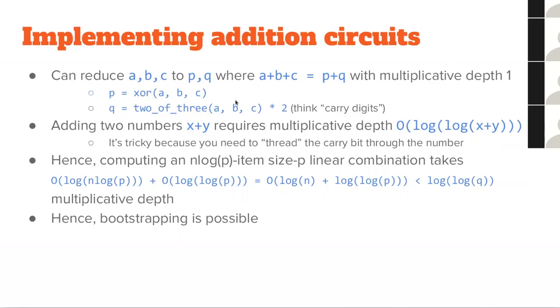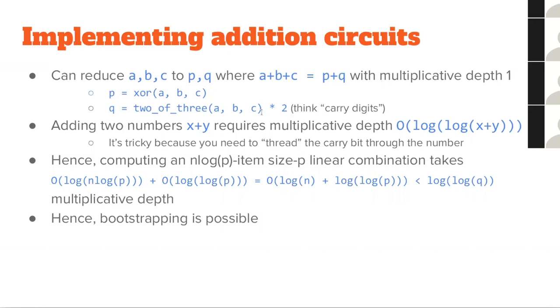The way this works is that every bit of p is just the XOR of the corresponding bits of A, B, and C. And every bit of q is the 2-of-3 function of A, B, and C. So this is 0 if A plus B plus C is 0 or 1, and 1 if A plus B plus C is 2 or 3. You can think of this as being carry digits. And the q, you also multiply by 2, which means you just left shift q by 1.